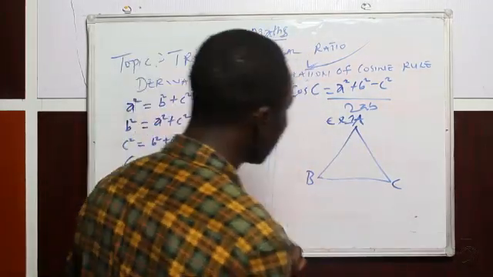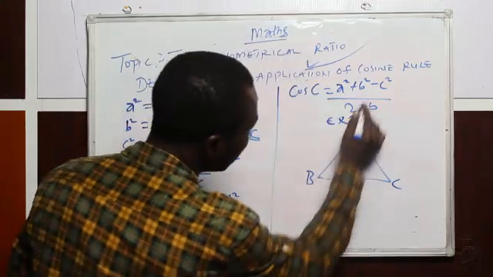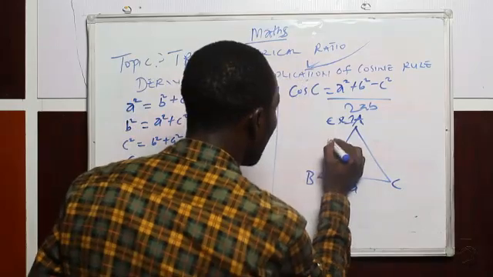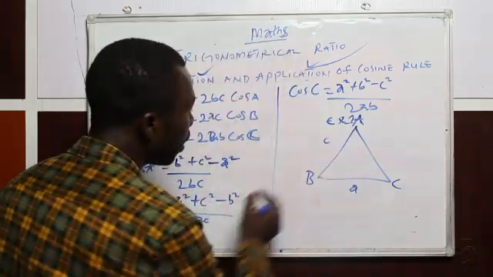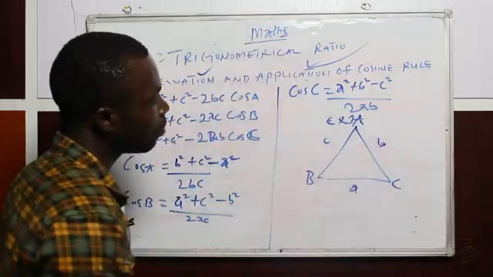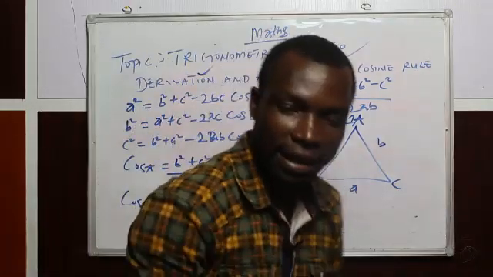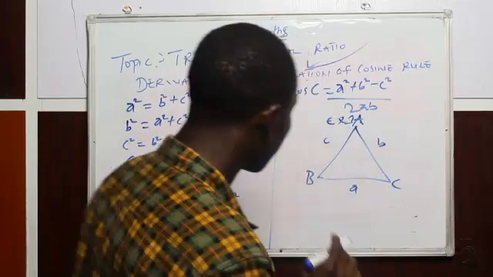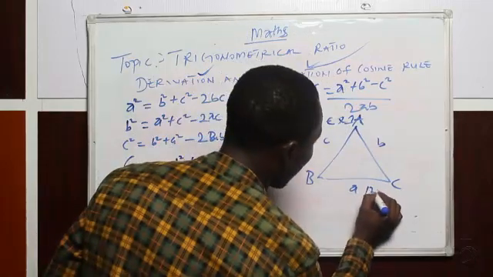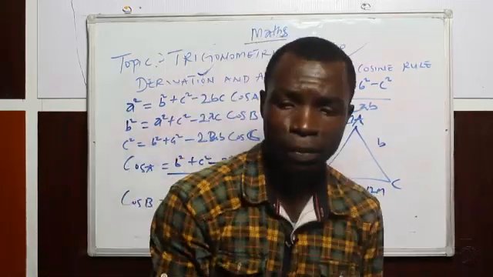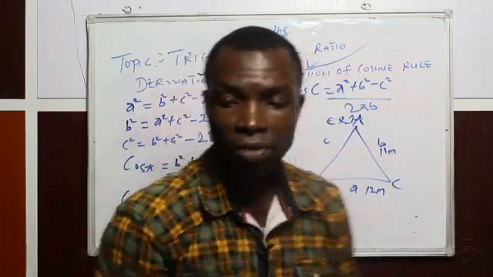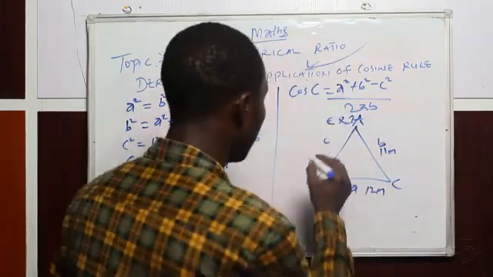Remember, I told you that once you have your angle, the opposite is the side. Once you have the angle C, the opposite side is small letter c. For B, we have small letter b as the side. Now, they said small letter a is 12 meters. What is small letter b? It is 11 meters. And our small letter c is 9 meters.